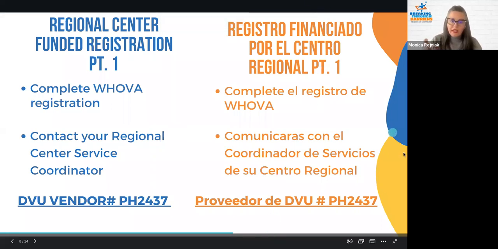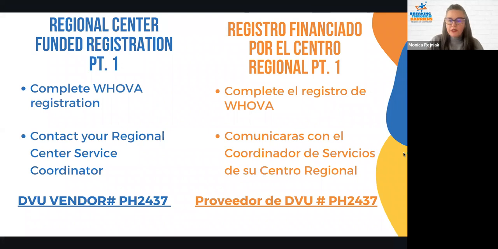The first step, if you are registering as a participant served by the regional center or a family member of someone served by the regional center, your first step is still to register through Whova. You will receive an email confirmation from Whova that says, thank you, you're pre-registered. You have some next steps to take.